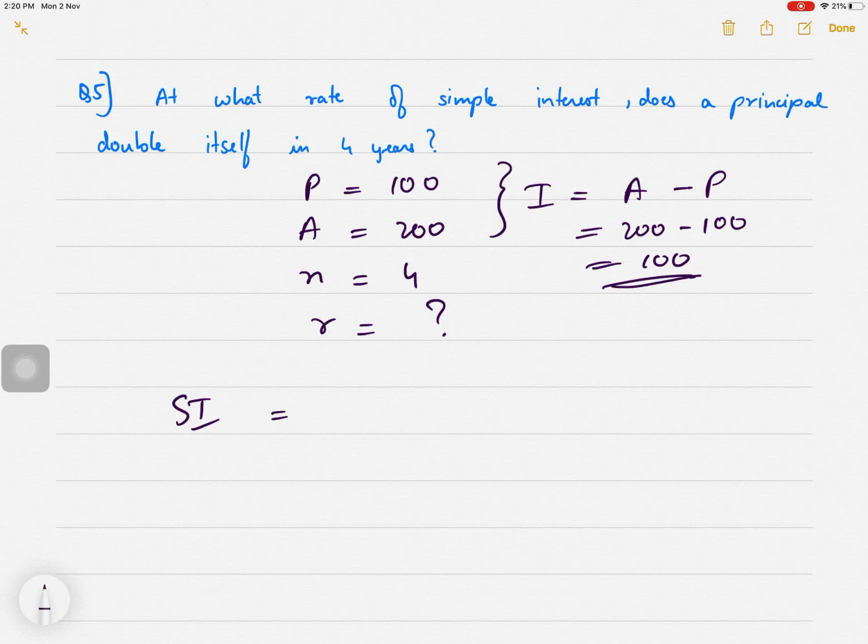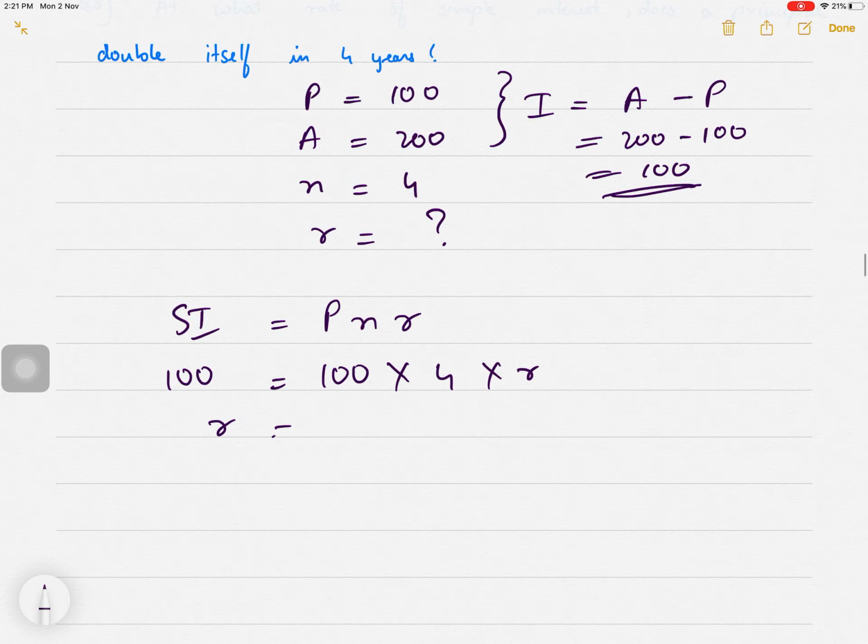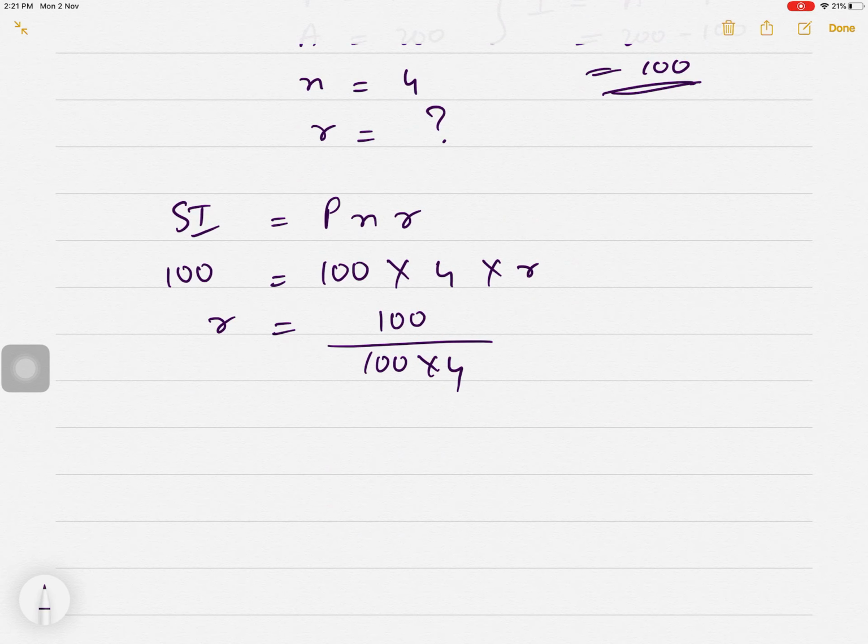So simple interest is equal to P into N into R. Now simple interest is 100, P is also 100, N is 4, you don't know R, right? So R is equal to 100 divided by 100 into 4, which is 1 by 4, which is equal to 0.25 or 25%.